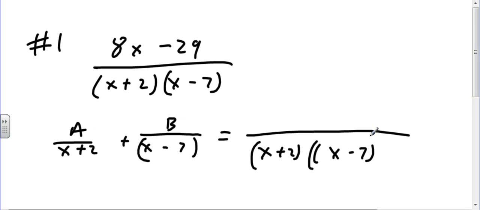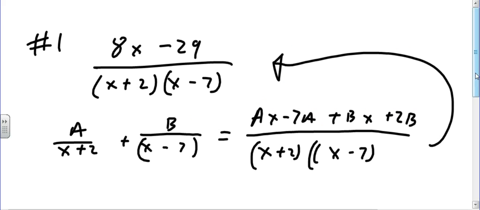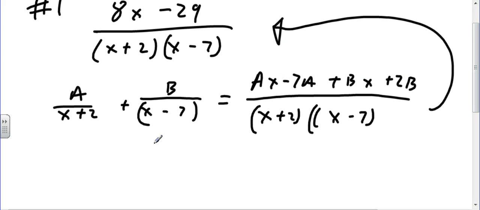When I do that, I'm going to have Ax minus 7A and Bx plus 2B, and that has to equal what's on top. The bottoms are the same, so the tops have to be the same.